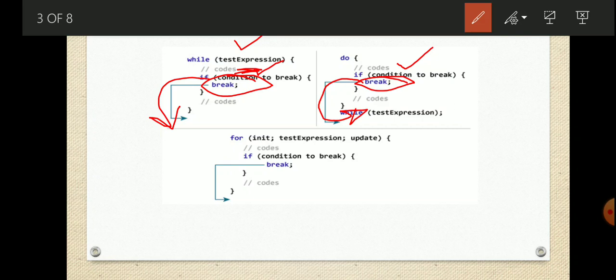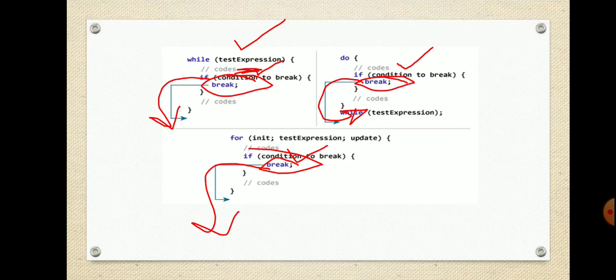What about for? Inside for, if that condition is true and we encounter the break statement, then instantly we come out of the for loop. So in all three loops, while, do while and for, this is the syntax by which we come out of the loop.